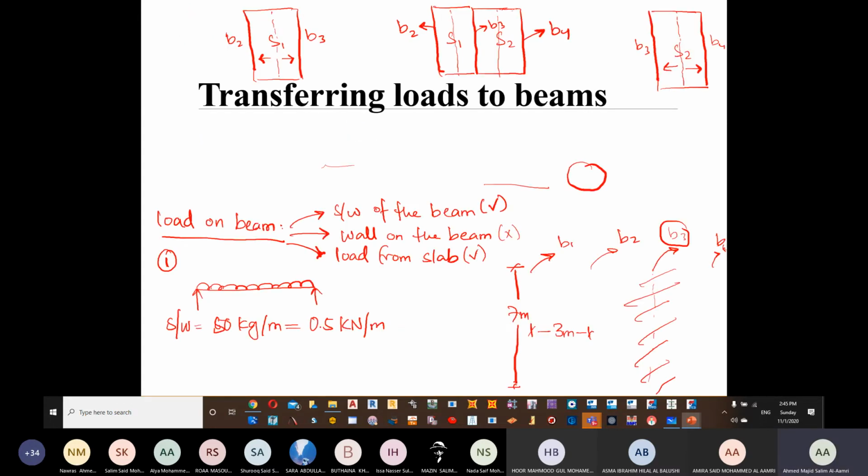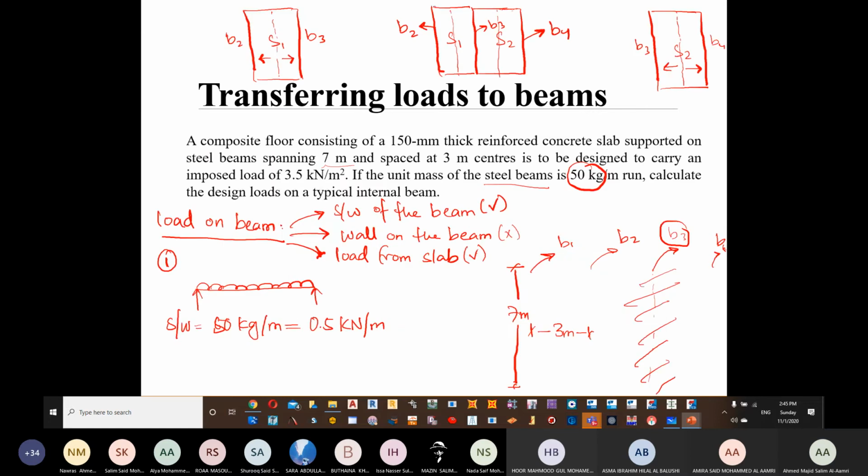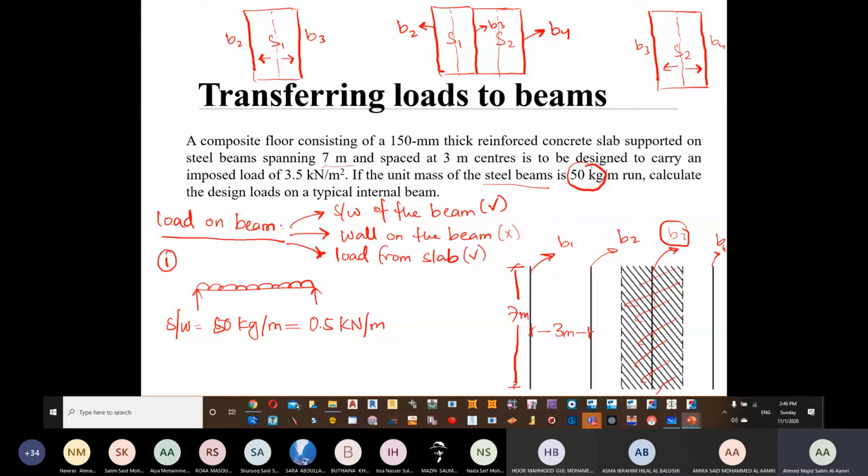Now in our problem, do we have the shape of the loading to be UDL or do we have it as triangle and trapezoidal? It's a UDL only.